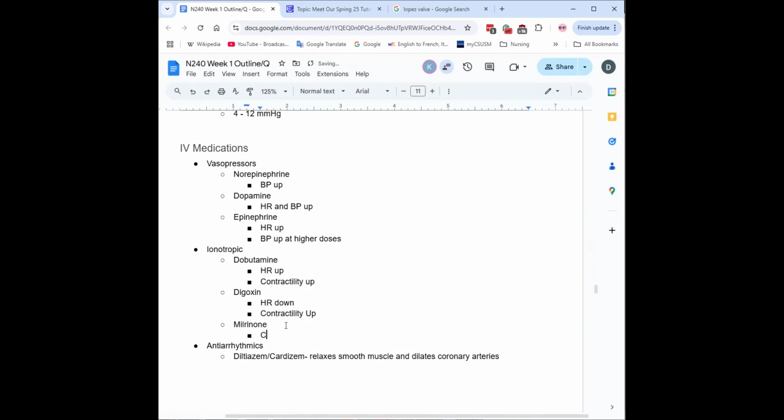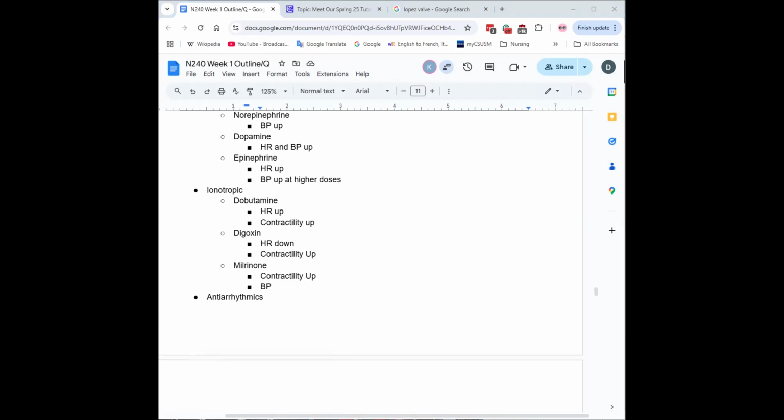Milrinone is going to make your contractility go up. And I believe this one can make your blood pressure change as well, but I'm going to double check myself on that. Do you remember, Kaylin? I do not remember. Forgive me. It's of non-importance right now, though. It's not important, but if you see it, you'll know.